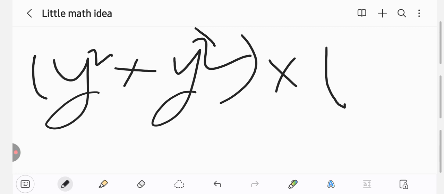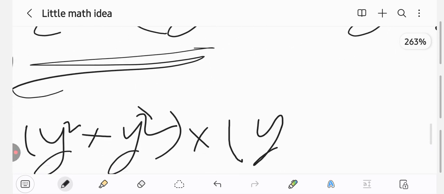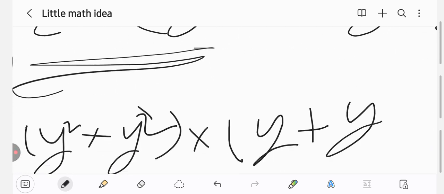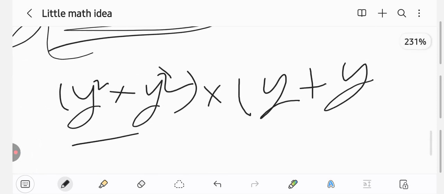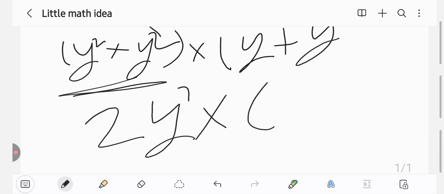So y squared plus y squared times y plus y plus y. Now let's simplify this first. So you get 2y squared times y plus y.